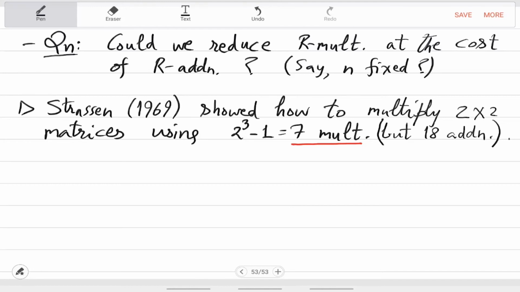What are these 7 products that you have to compute? There is this magical set of 7 products which nobody can remember because they are totally unmotivated.